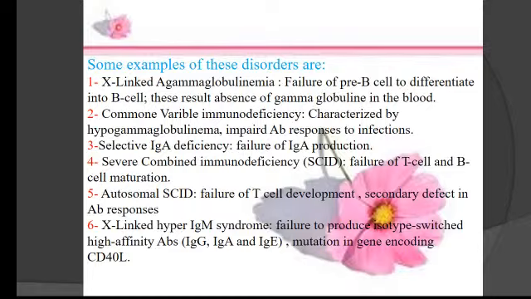Common variable immunodeficiency, selective IgA deficiency, severe combined immunodeficiency, SCID. Then we have autosomal SCID, failure of T cell development, with impaired antibody response.